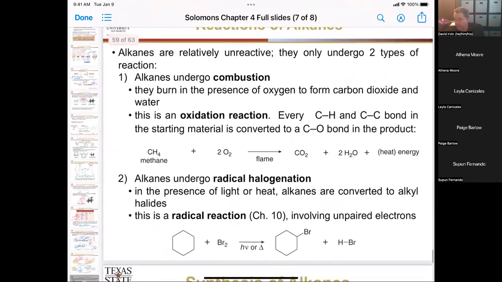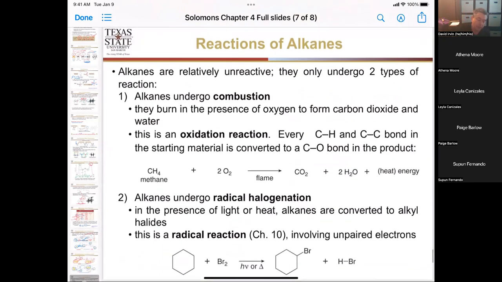Okay, so let's talk about the last things we can do. We're going to close out chapter 4 with the reactions of alkanes. All right, alkanes don't do much because we have a non-polar carbon-carbon bond and a non-polar carbon-hydrogen bond. Okay, that being said, one of the few things they do is burn.